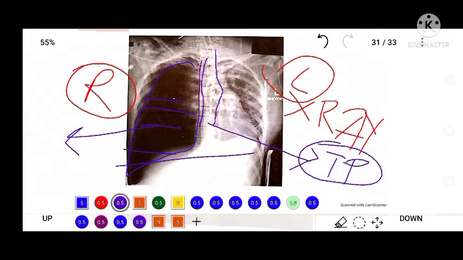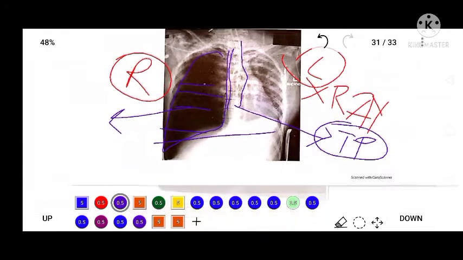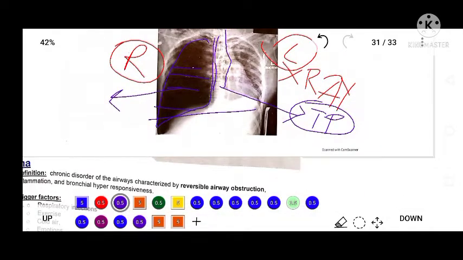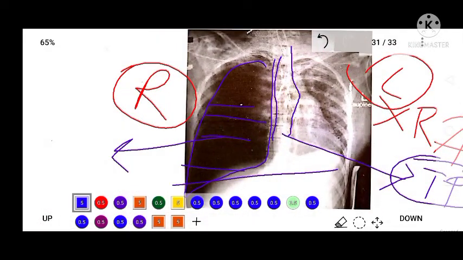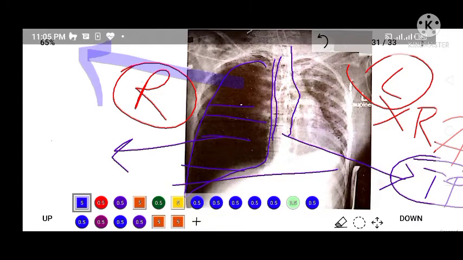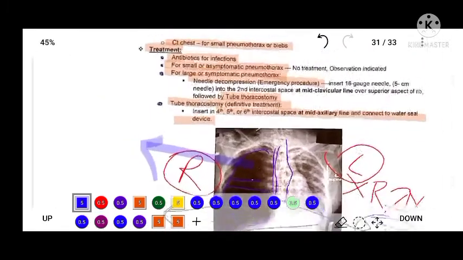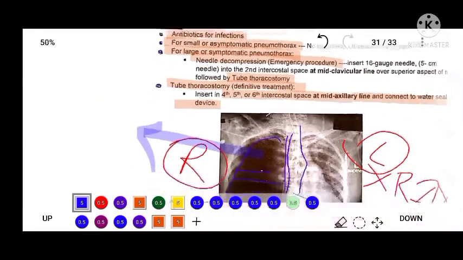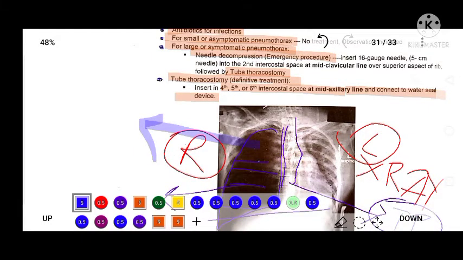So in this way, this tension pneumothorax is present on the X-ray, and how we will treat this patient: we will give antibiotics, and we will also perform needle decompression of this pneumothorax, and in this way we can relieve the patient from the disease.